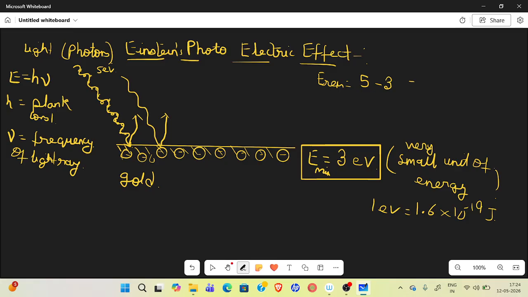So you are left with 2 electron volt of kinetic energy of the electrons coming out of the surface.